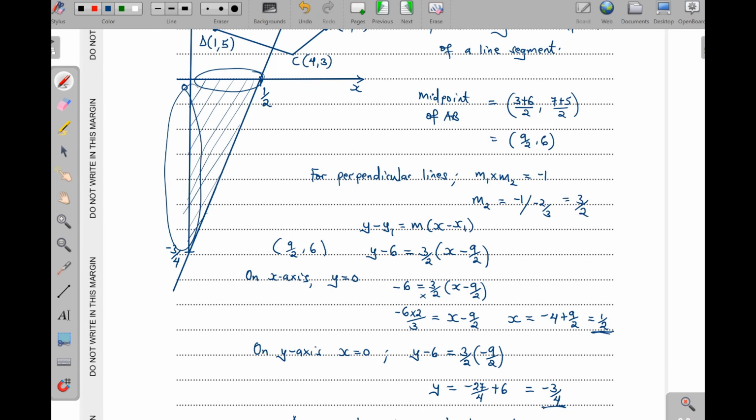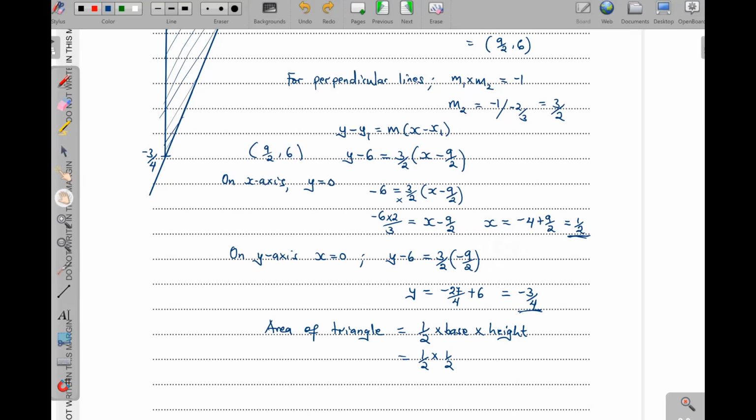Then the height is this one. And length cannot be negative, so we are not going to say -3 over 4. We are going to take it as 3 over 4. So times 3 over 4. Now this is 3 over 4 times 4, that's 16, not so? So it will be 3 over 16, as simple as that.